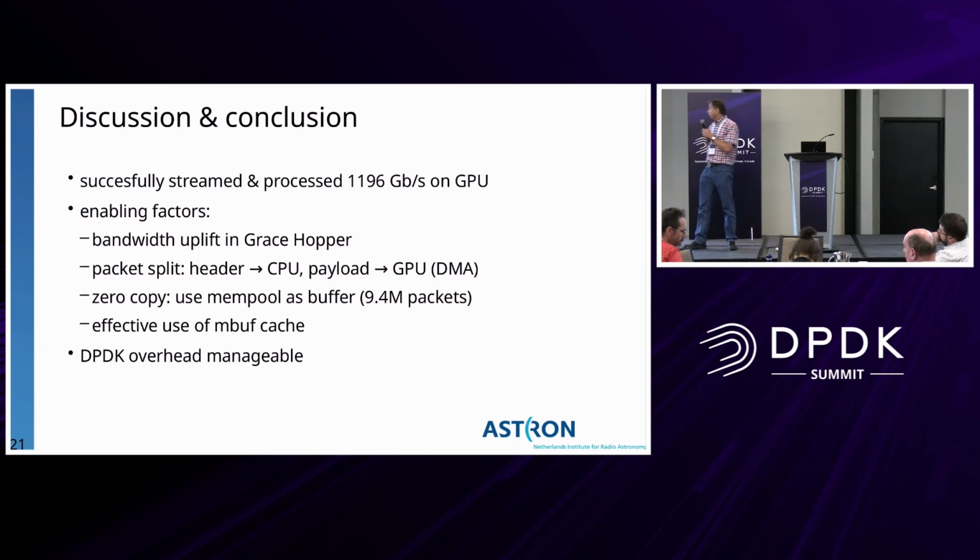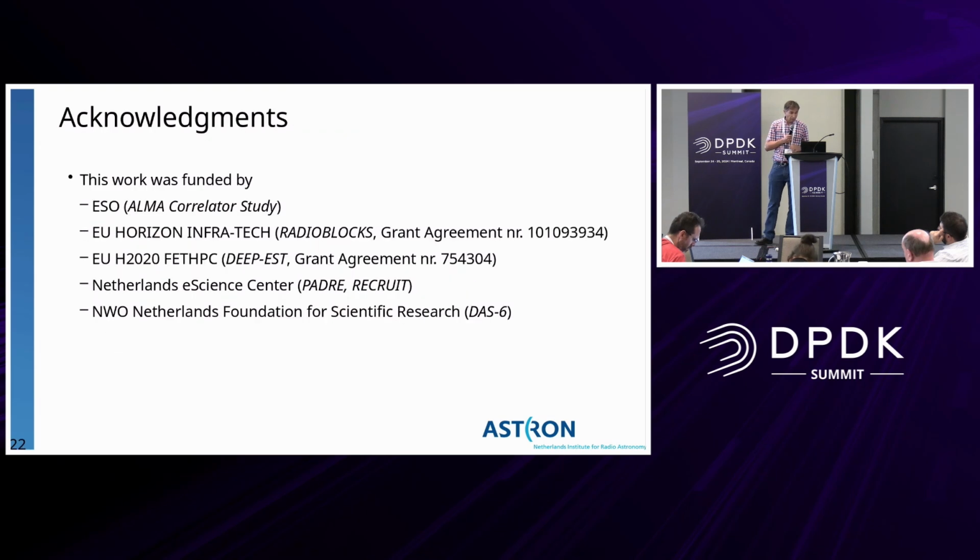Truly using zero copy, even though that implies very, very large mempools, and an effective use of the mbuf cache is very important. And we saw that there is overhead from DPDK, but it's manageable. We can deal with it.